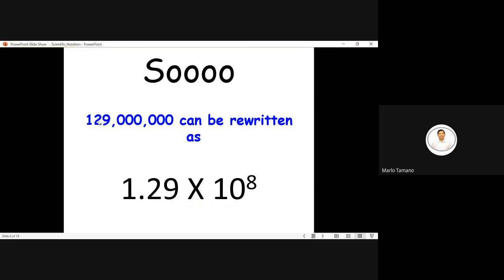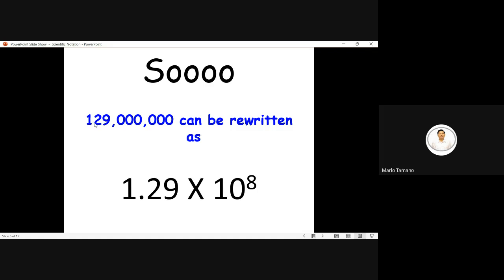Okay, again, we have here a whole number, which is 129 million. Where do you think the decimal point is? Imaginary, no? Invisible decimal point, nasa unahan po, sa right. So, you move the decimal point going to the left. 1, 2, 3, 4, 5, 6, 7, 8.